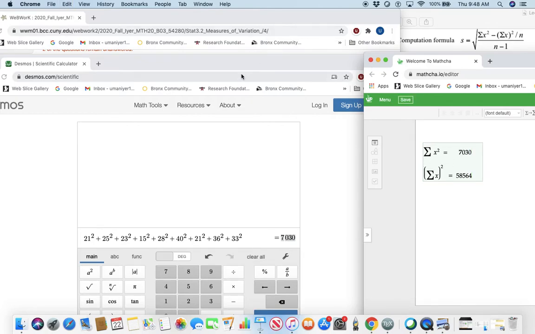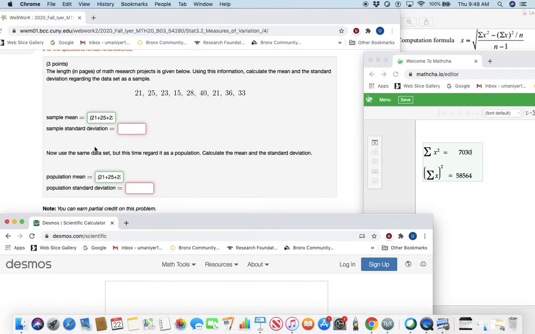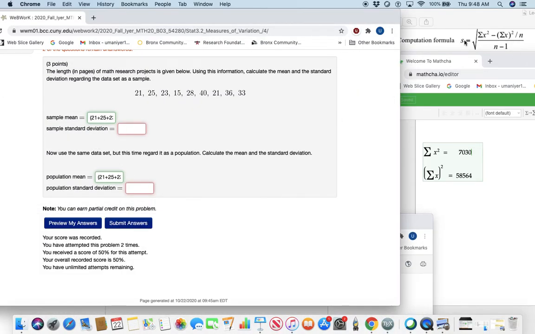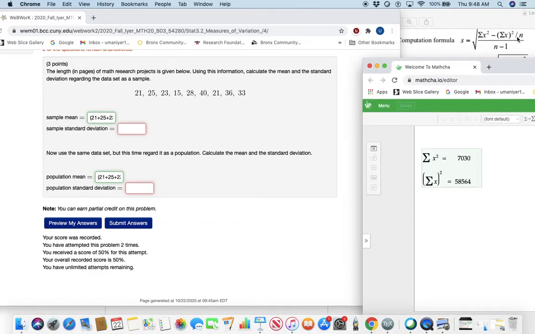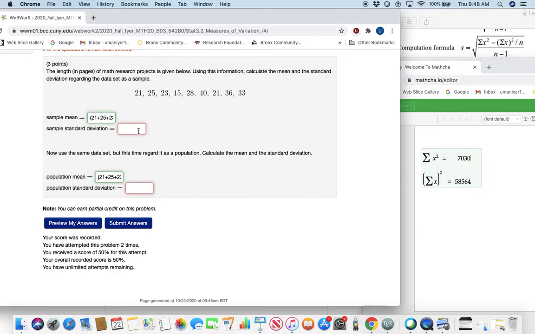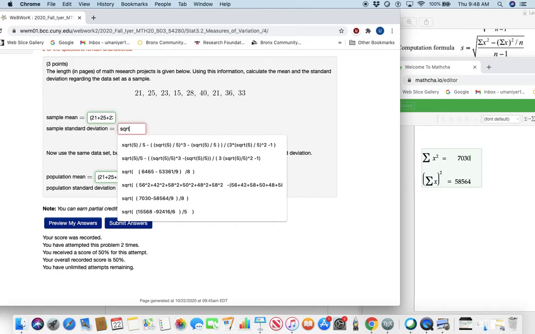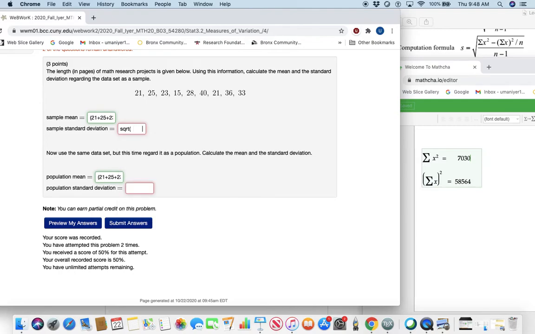All right, with that in place, let me figure out what this says. It says square root of an entire mess. So let me write down SQRT of an entire mess. What is the mess? It is a fraction, numerator over denominator. There are 9 numbers, so 9 minus 1 goes in the bottom.